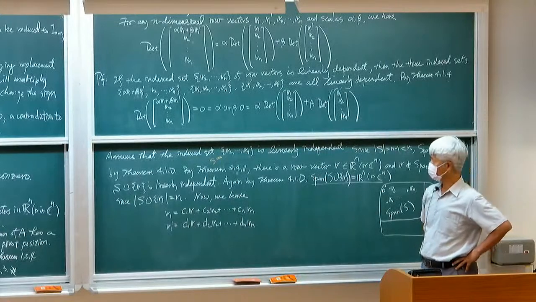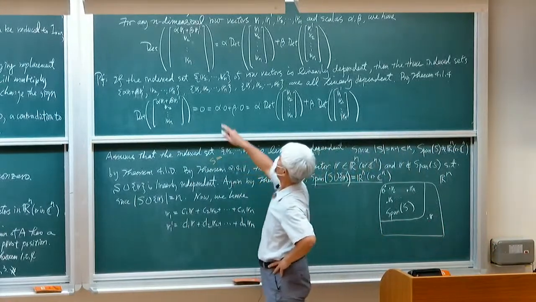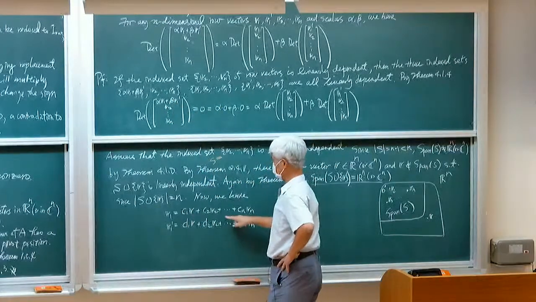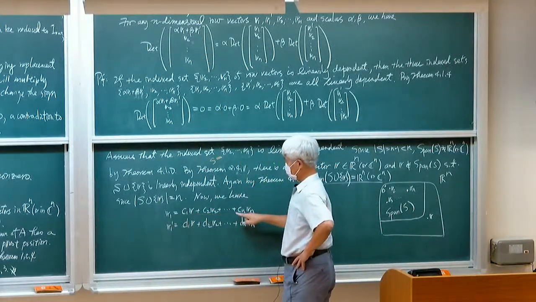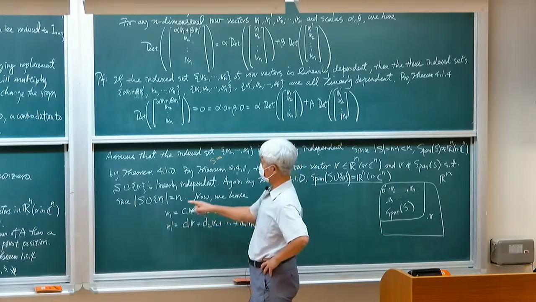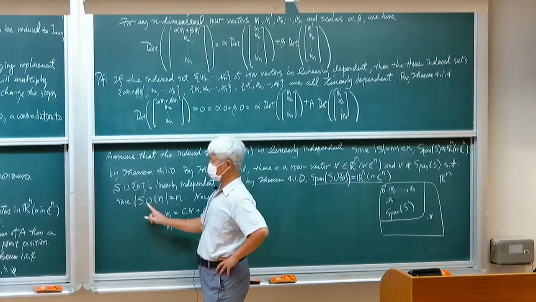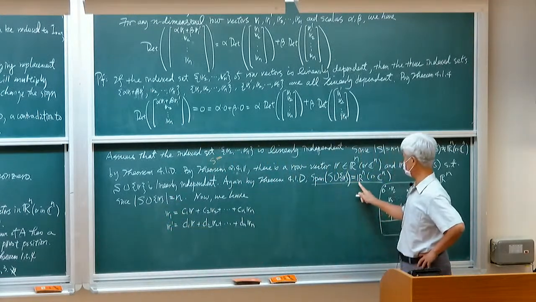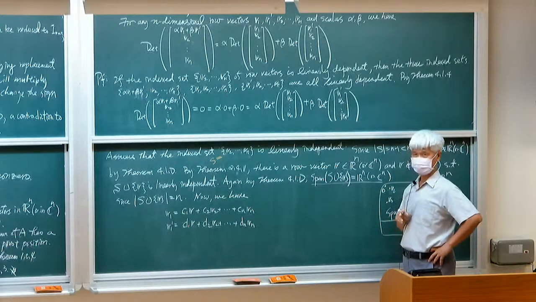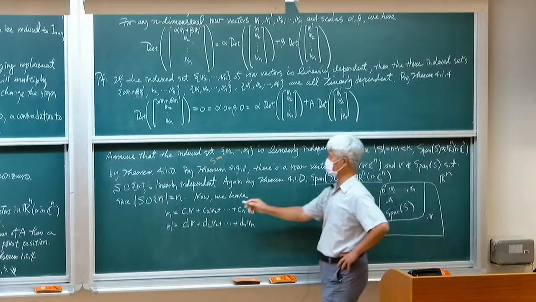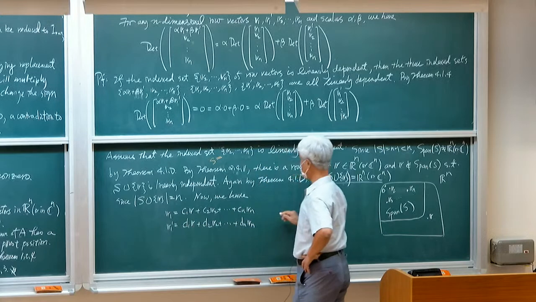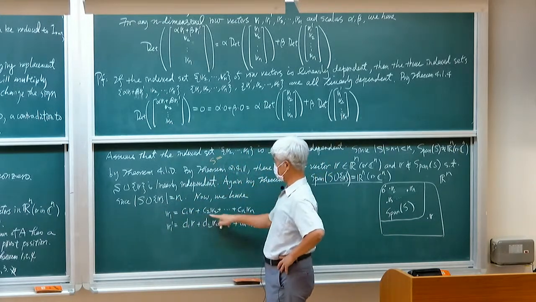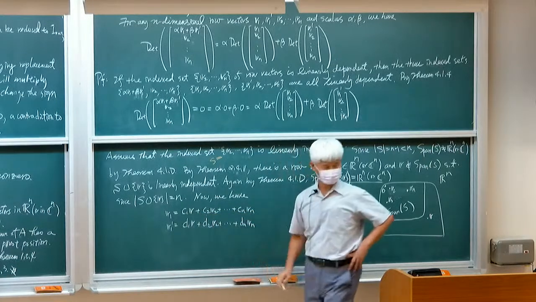So R1 prime can be written as a linear combination of the vectors in this set, because the span of this set is Rn or Cn. So any row vector can be written as a linear combination of R, R2 up to Rn.